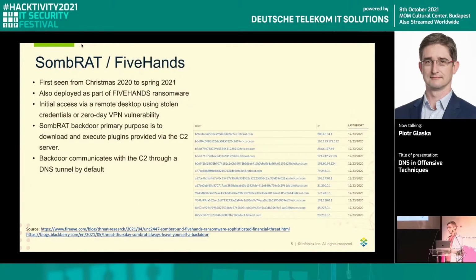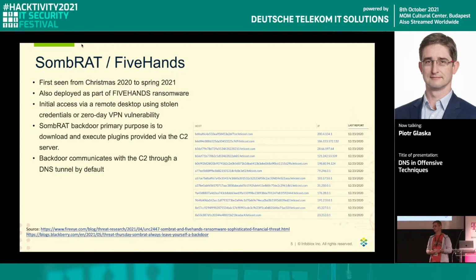Let's move to a little bit more advanced attacker. The Sunburst backdoor was deployed within the 5hands ransomware campaign, which was done in December 2020. Basically, they did the first stage of infection by using brute force against remote desktop servers, so trying different credentials.